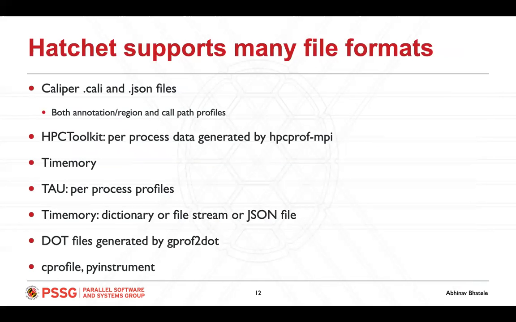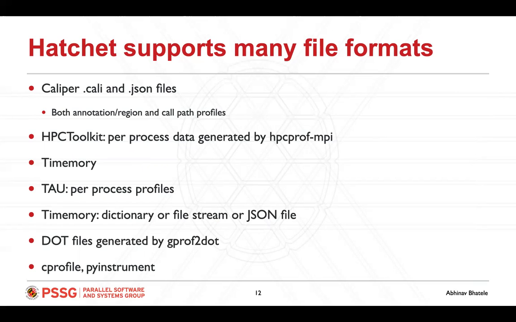Now, Hatchet supports many different file formats. We support .cali and .json files that can be generated using Caliper. In addition, we support both kinds of profiling that Caliper supports, the annotation and region profiles, but also sampling-based call path profiles. From HPCToolkit, we have support for per process data that is generated by using hpcprof-mpi.